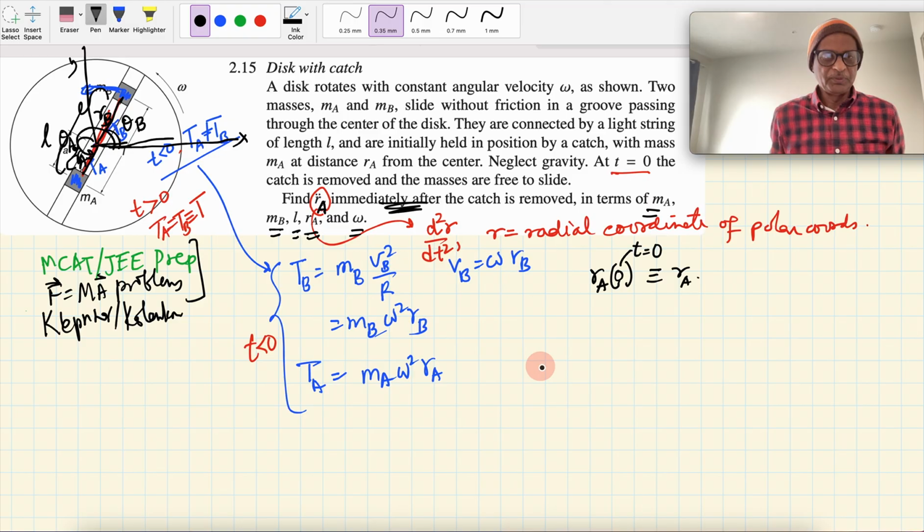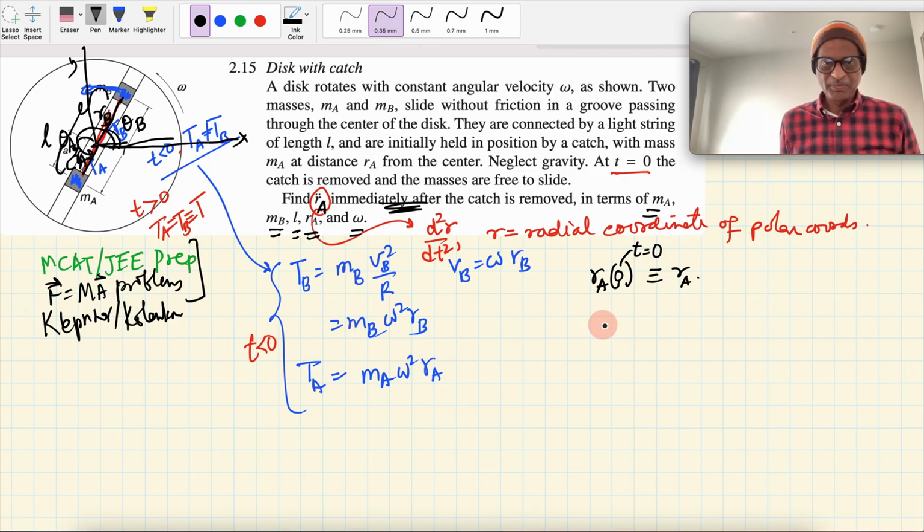So what we're going to do is write these same equations and make them equal to each other, right? And from there we can get that.